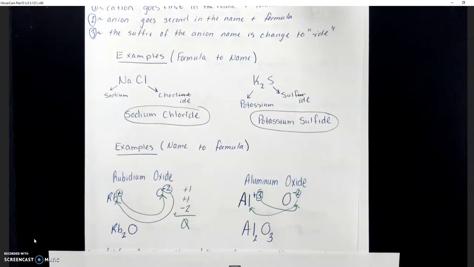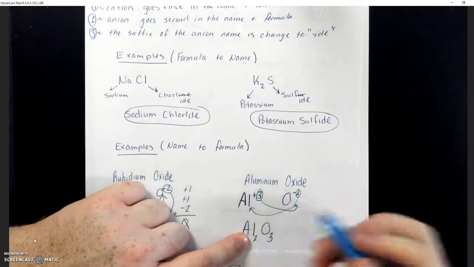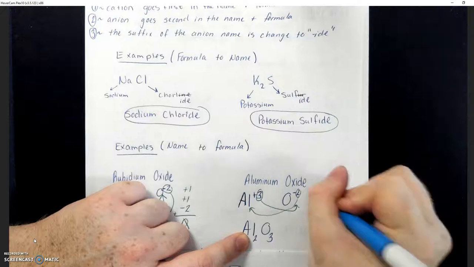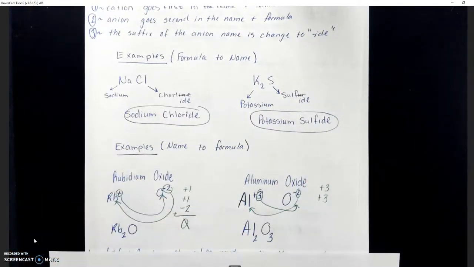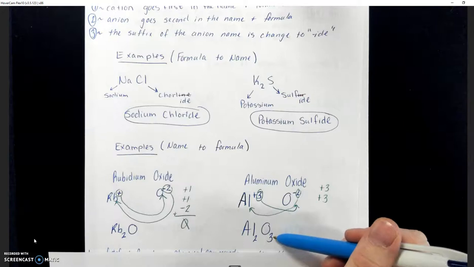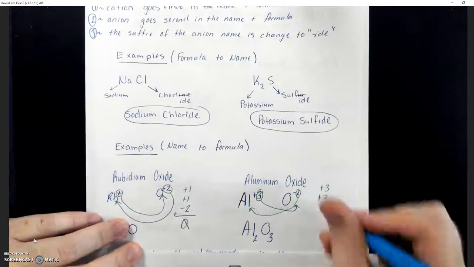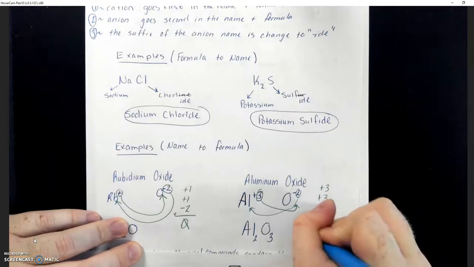Let's check ourselves mathematically to make sure that we did this correctly. We have 2 Als in the formula, and each Al contributes a +3 charge. So +3 charge for those 2 Als. In the formula that we wrote, there are 3 oxygens, each contributing a -2 charge. So that's going to be -2, -2, -2.